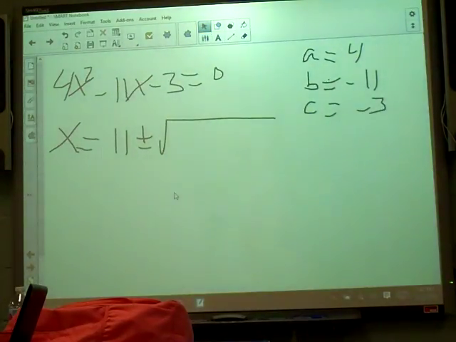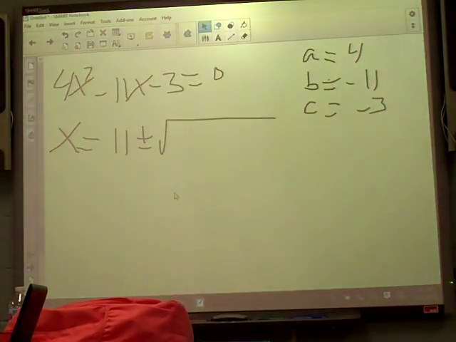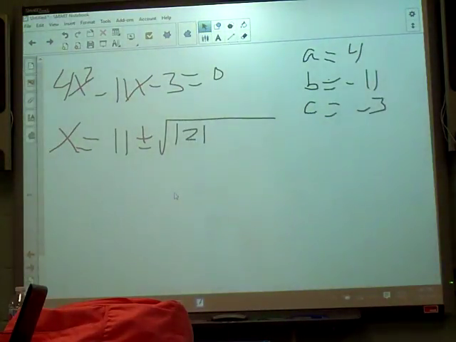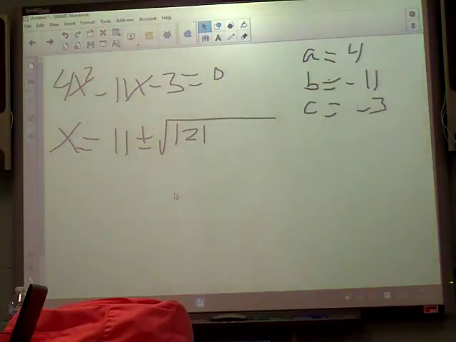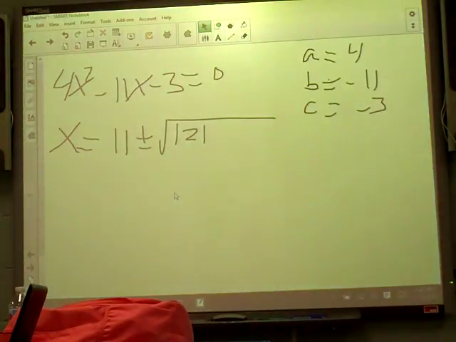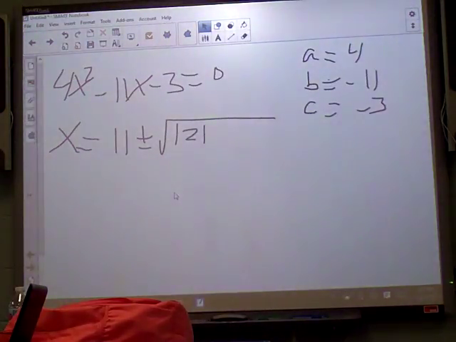You would be surprised how many people will put a negative 121 there and then they'll miss the whole thing. It's negative 11 times negative 11, which is a positive 121. If you can't do that in your head and you depend on your calculator, you have to make sure you put the negative 11 in parentheses. So don't forget that and mess up there. That first part should always be a positive.